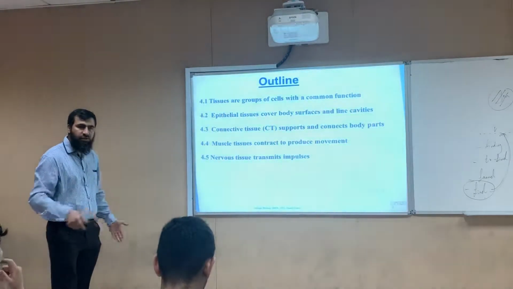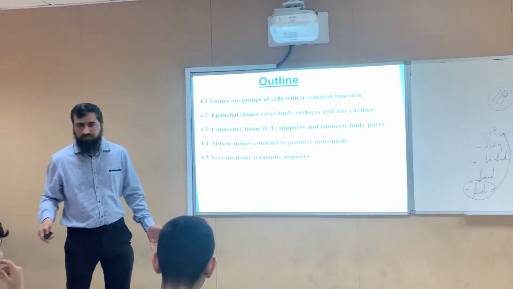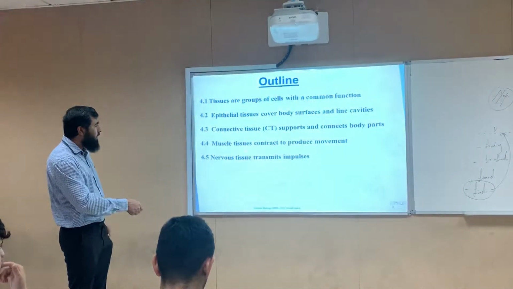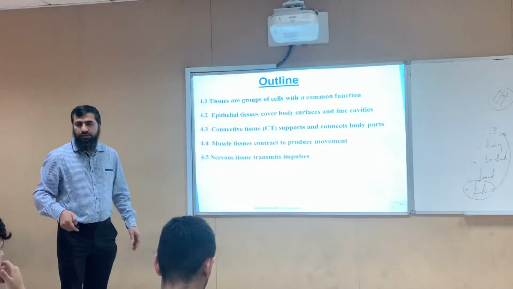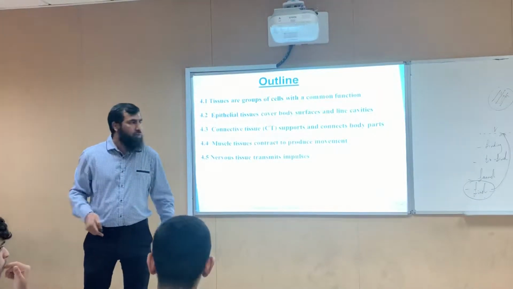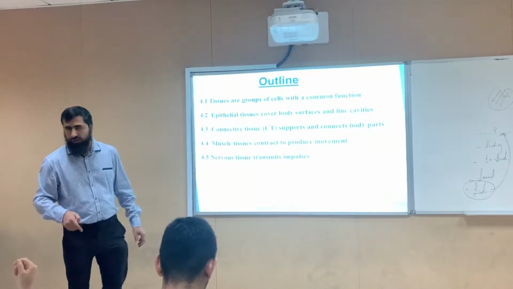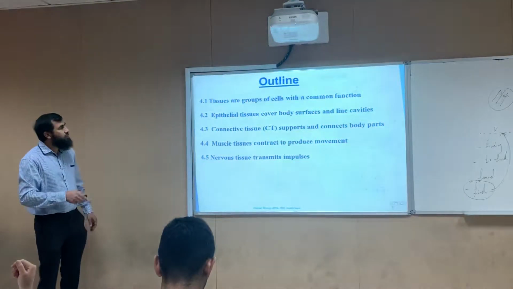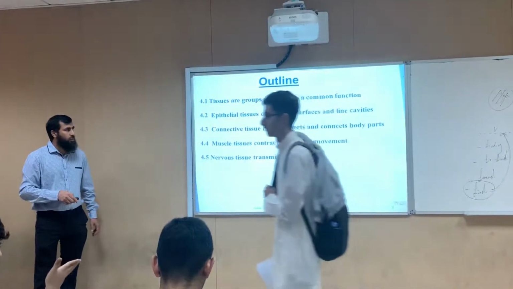So like bone is connective tissue, cartilage is connective tissue, tendons, and so on. These are connective tissue, okay, that support and connect body parts. Then you got the muscles for movement, so we've got 3 different types of muscles. And the nervous system, which transmits impulses, so communication in your body, all right? So the 4 different types of tissues we will learn.